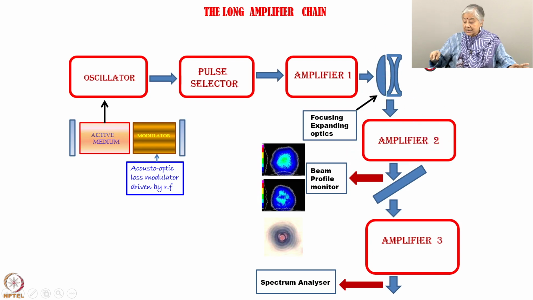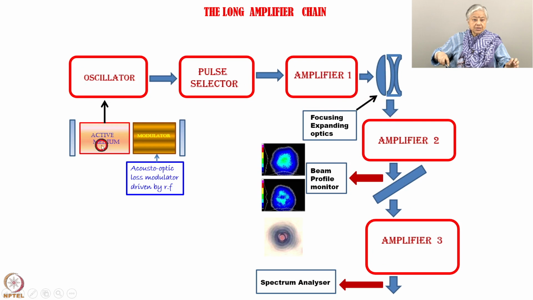Suppose it is an Nd glass rod and the whole diameter of the rod is filled completely. Once it fills it completely, it can extract the best amount of energy. This represents the other passive optics that you require to let this whole MOPA chain work smoothly.